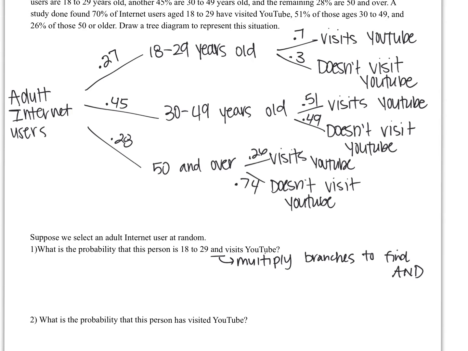So in this case, probability you're 18 to 29 and visit YouTube. So 18 to 29, 0.27, and YouTube, 0.7. So we do 0.27 times 0.7, and we're going to get 0.189.